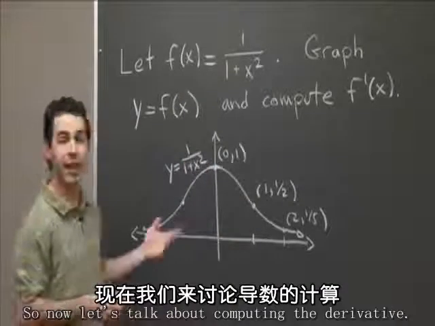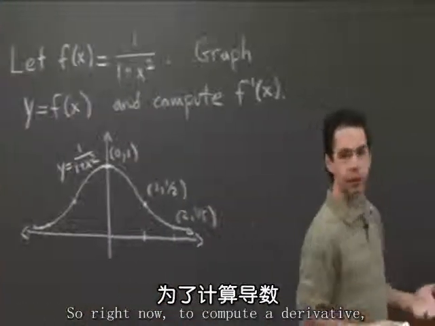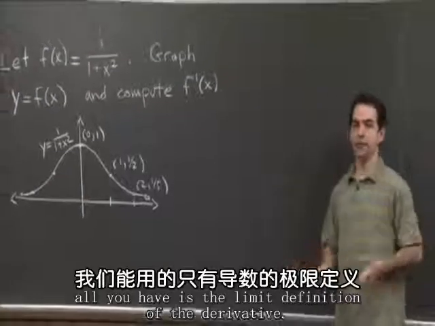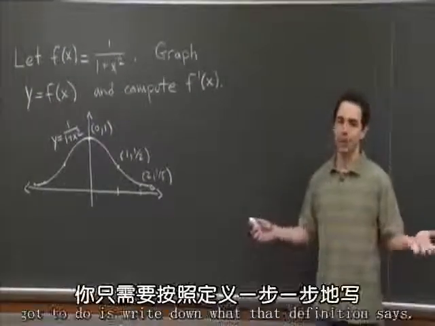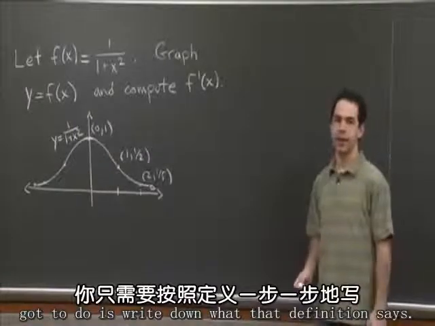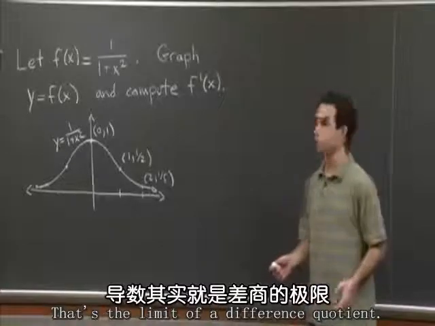OK. So now let's talk about computing the derivative. Right now, to compute a derivative, all you have is the limit definition of the derivative. So when I ask you to compute the derivative, what you've got to do is write down what that definition says. That's the limit of a difference quotient.